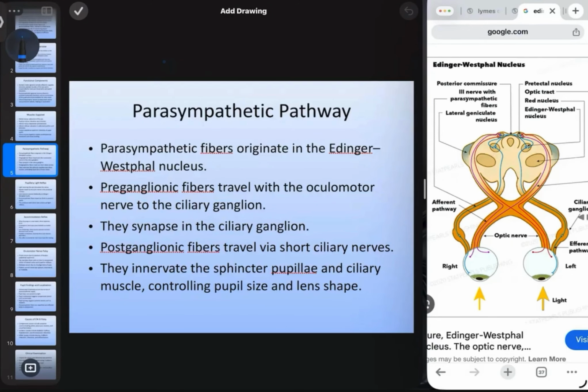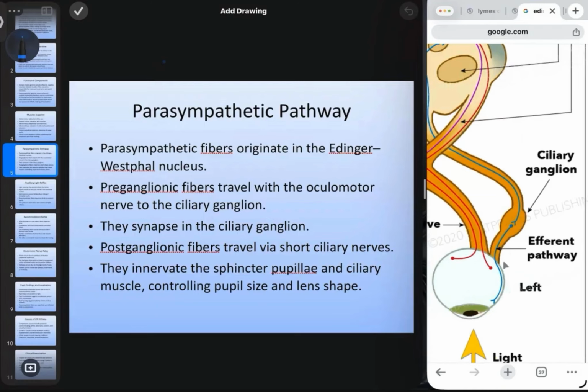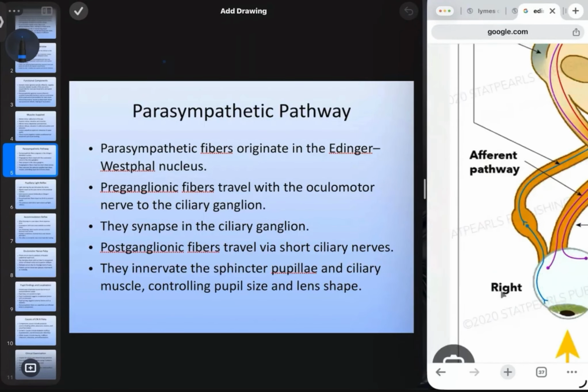So right here, and from there, the postganglionic fibers travel via short ciliary nerves and innervate the sphincter pupillae and ciliary muscles of the eye. And you can see that this is the effector pathway, the efferent pathway right here. And this is basically the parasympathetic pathway of the oculomotor nerve.